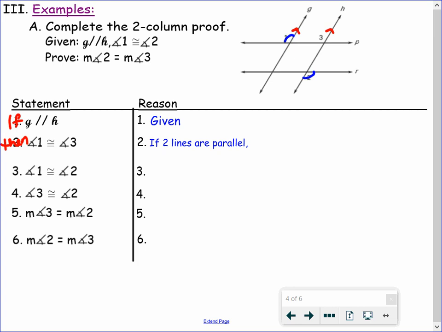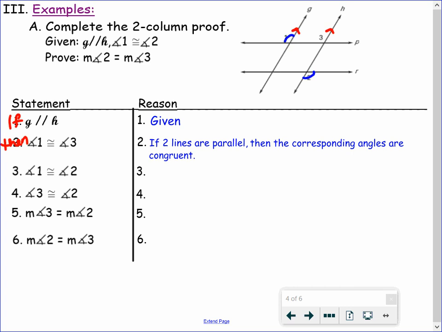I'm just trying to shorten it because you don't have a lot of space. So if two lines are parallel, don't just say then the angles are congruent. Well, which angles? Angle 1 and 3 are corresponding angles. So if two lines are parallel, then the corresponding angles are congruent. And that is from the beginning of the week.